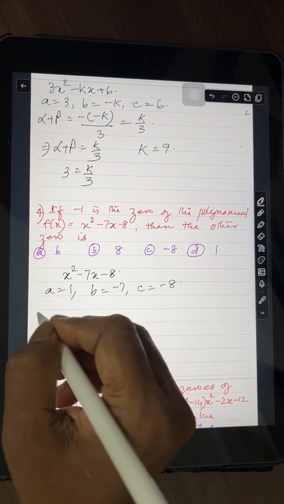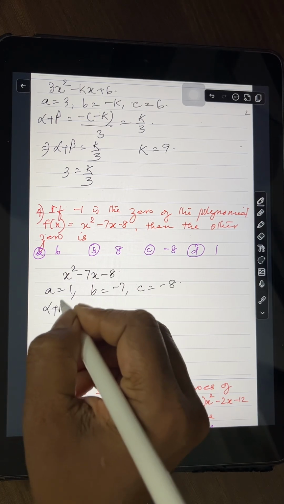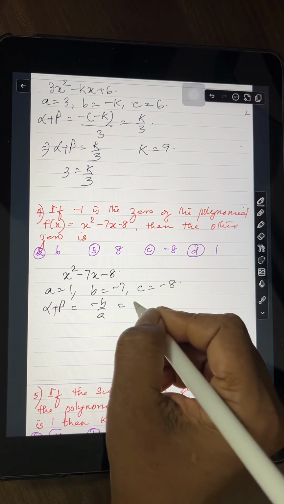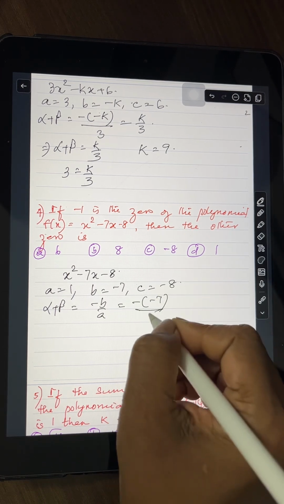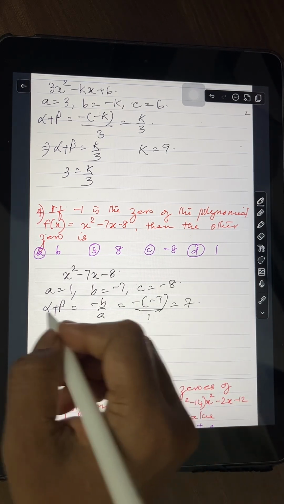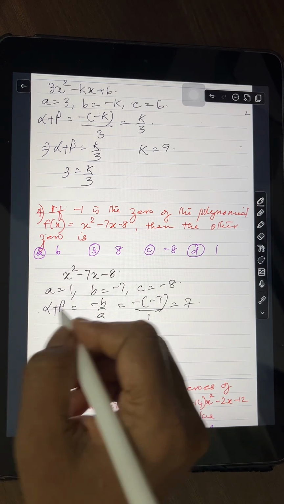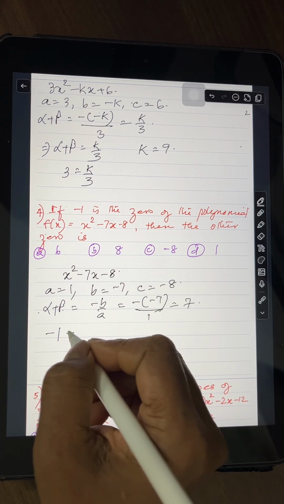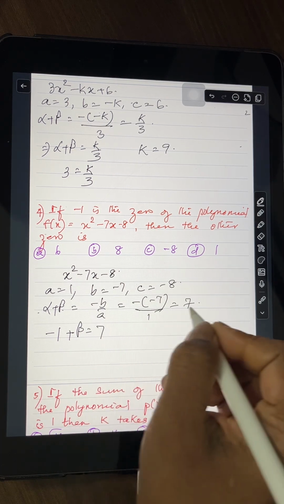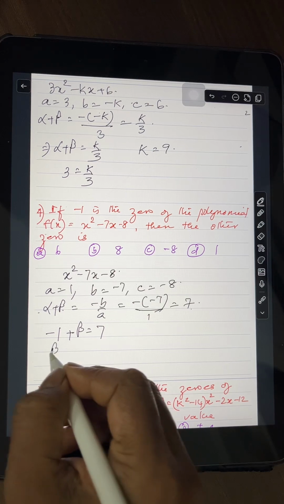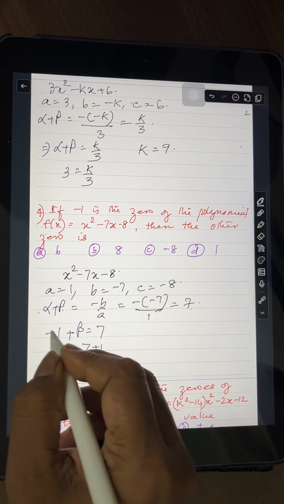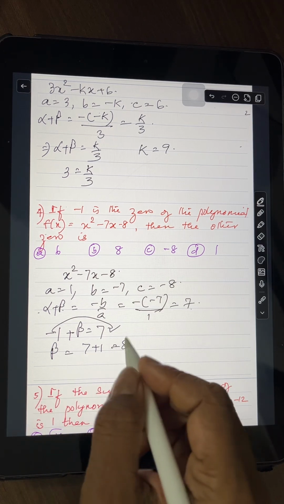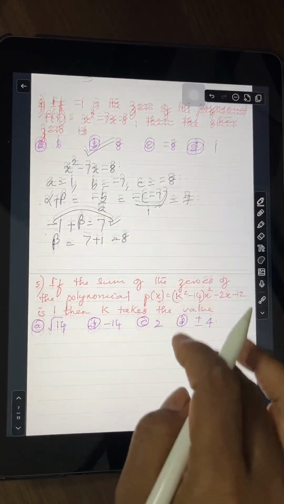So alpha plus beta is equal to minus b by a, which is minus of minus 7 by 1, which is 7. Two zeros are there, no? One of the zeros is minus 1, plus beta is equal to 7. So beta is equal to 7 plus 1. If this goes outside, it becomes plus, so it is equal to 8. So the other zero is 8.